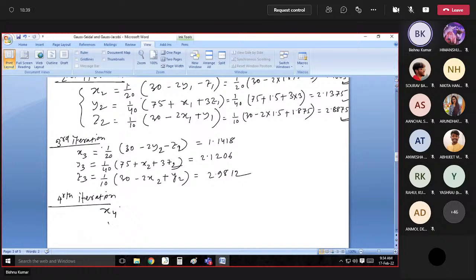So calculate x4, y4, z4. This will be 1 by 20, 30 minus 2y3 minus z3.